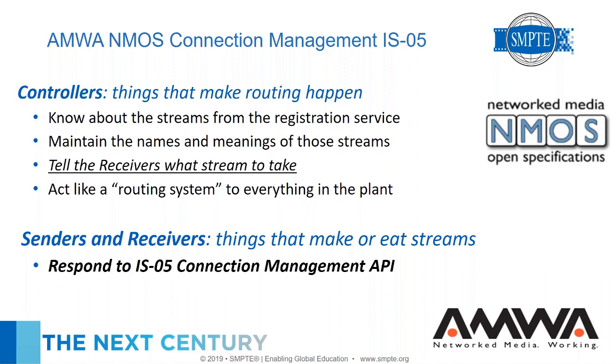And it's, again, a straightforward spec. The AMWA specs are available publicly. If you go to amwa.tv and poke around a little bit, they're out there for anyone to read and see. And the actual defining objects are stored on GitHub, which is typically used for software API specifications.